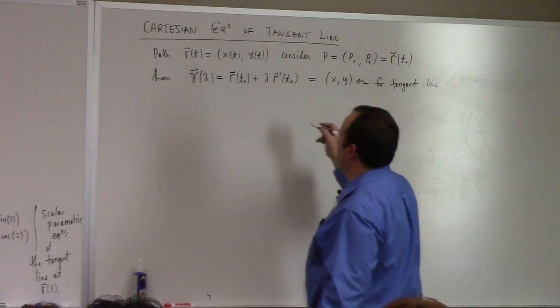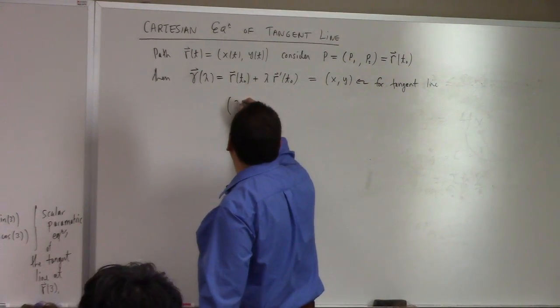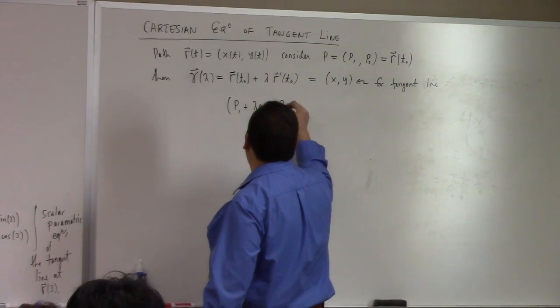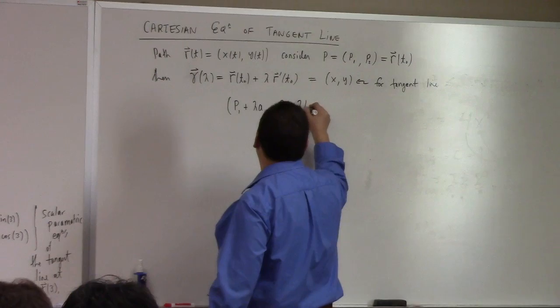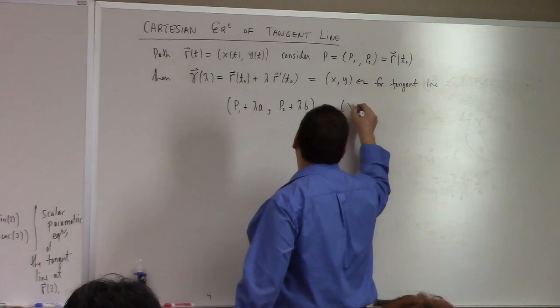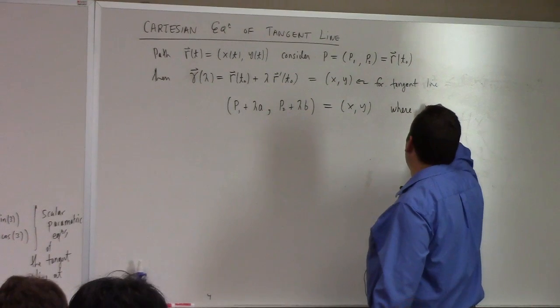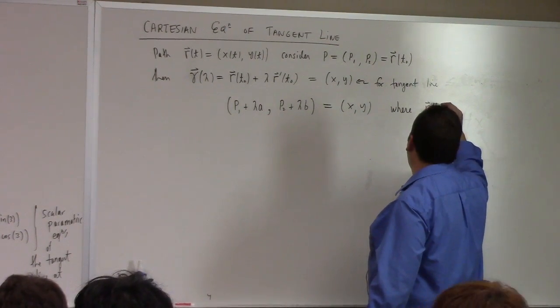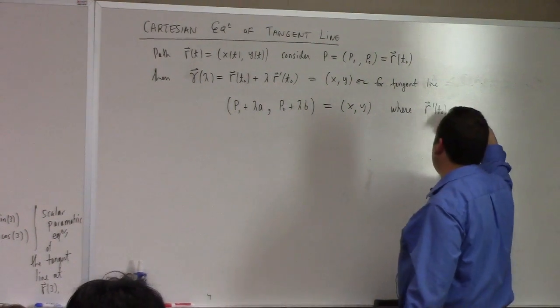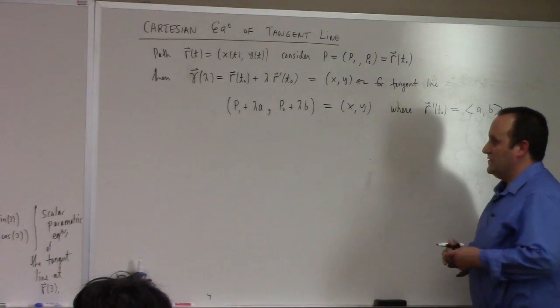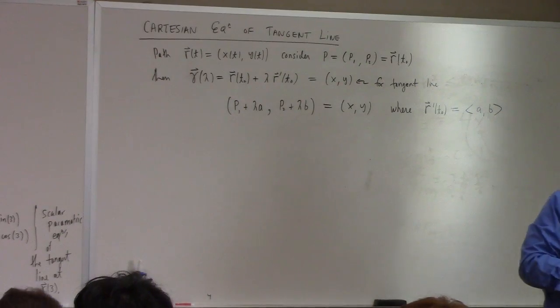Let me be a little bit more explicit here. This is P1 plus lambda times A, P2 plus lambda times B, equal to x comma y, where I'm introducing r prime of t naught, the velocity at time t naught, to be the vector AB, just to give it something a little more convenient to write.